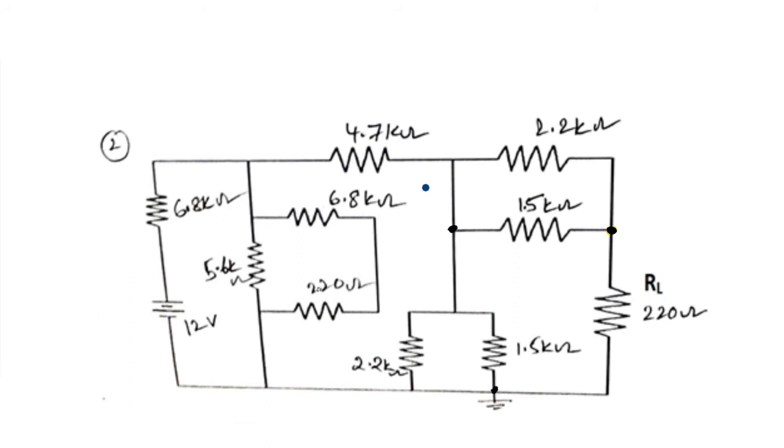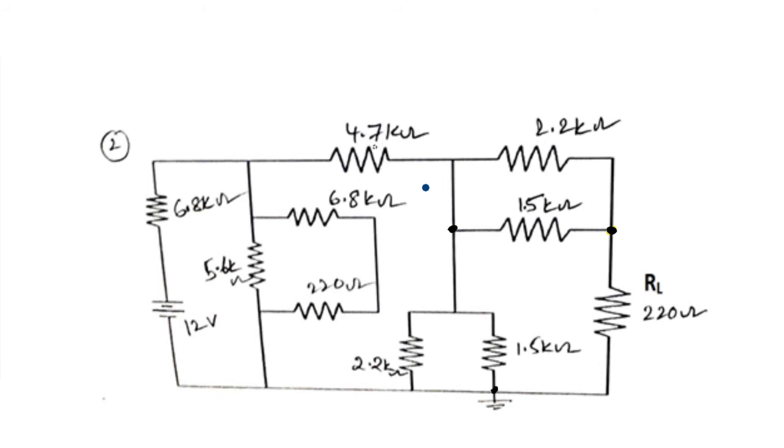Here these two resistors are in series, so this is going to be again a resistor. The resultant resistance of 6.8k and 220 ohms is in parallel with 5.6k. After finding the resultant resistance of this 1.5k in parallel with 2.2k, the 4.7k is in series.